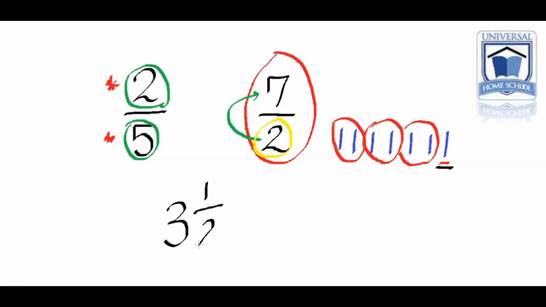So we put 2 here, and therefore this is our answer. This is 7 over 2 as a mixed number. We divided how many 2's are in 7, giving us 3. 1 left over, which is our new numerator, and then over 2. Don't forget, large over small is an improper fraction.